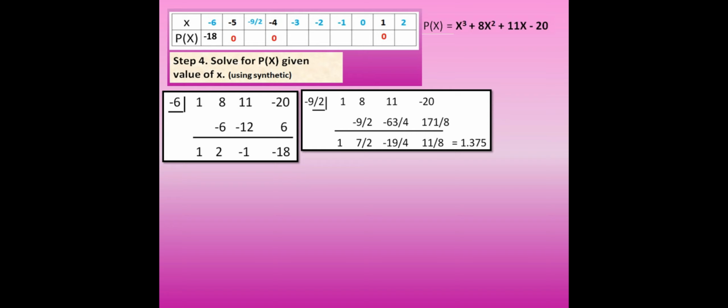Then multiply again, negative 9 times negative 19 is positive 171 over 2 times 4 is 8. Added by negative 20, so it is 11 over 8, or equals 1.375 in this one. So you can use 1.3 or 1.4 as the value of y if x is negative 9 over 2 or negative 4.5.